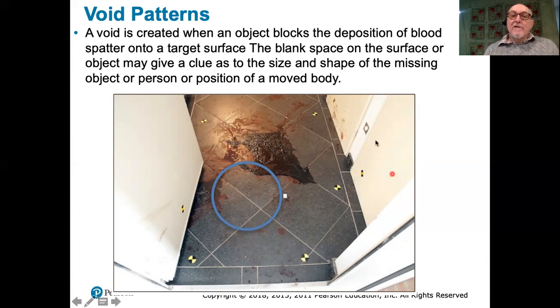We would have to look at other surfaces around, look at blood spray, blood pattern on other surfaces to be able to tell: was this head injury from a gunshot? Was this a head injury from a blunt object? Is there cast-off pattern nearby, or is there back spatter or forward spatter from the gunshot? Even if the victim is not here, their presence is told by the void pattern and then by the blood patterning as well.